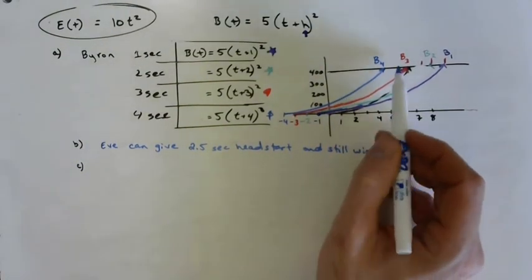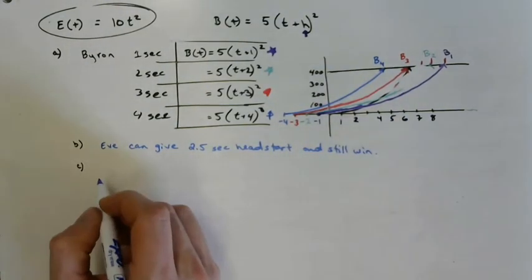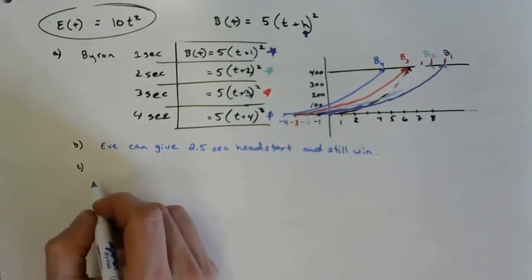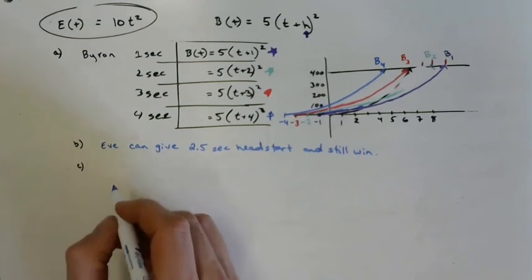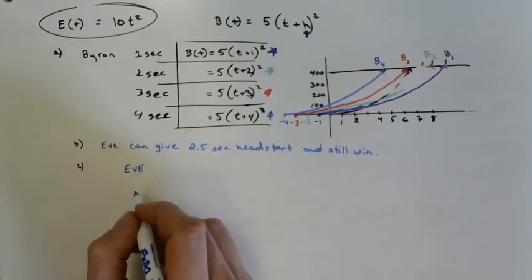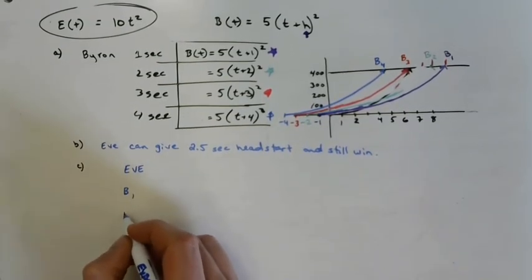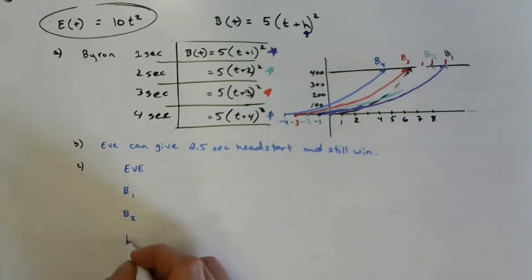So only what's here is valid. We're going to talk about both functions. And actually all the functions are slightly different. So we've got Eve. We've got Byron 1 second, Byron 2-second head start, Byron 3-second head start, and Byron 4-second head start.